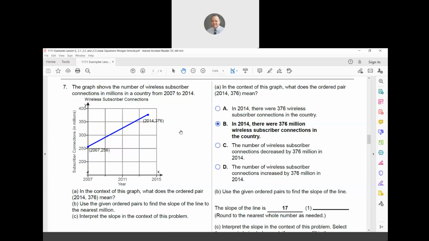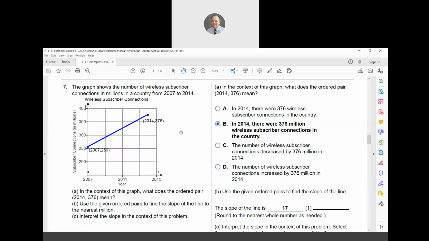Part A. In the context of this graph, what does the ordered pair 2014, 376 mean? Well, 2014 is the year, and 376 is the number of connections in millions.